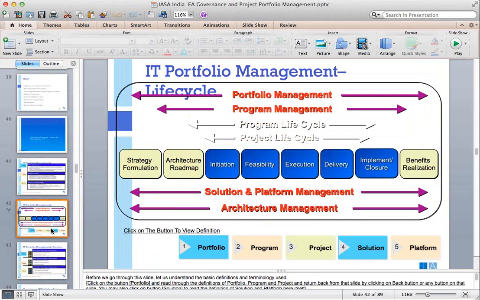Whereas the program focuses on how individual programs get initiated, executed, and implemented. So the end benefits realization is part and parcel of portfolio management, whereas strategy formulation and also the enterprise architecture roadmap or the IT roadmap that the organization needs to establish are part of portfolio management endeavors.